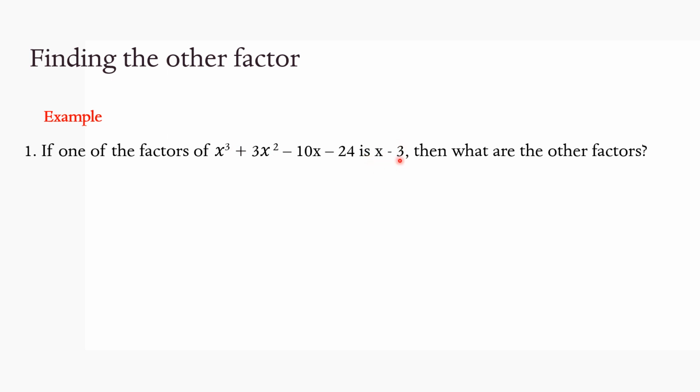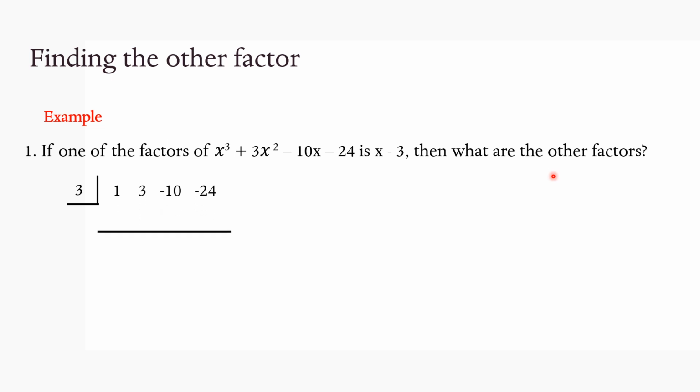One is given, so we need to find the other 2. Using synthetic division, the divisor is x minus 3, so the opposite of negative 3 is positive 3. Then copy all the numerical coefficients: 1, 3, negative 10, and negative 24.